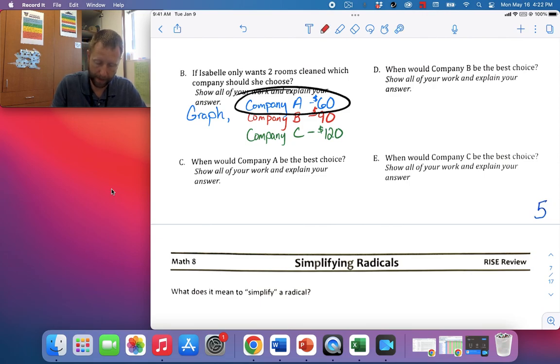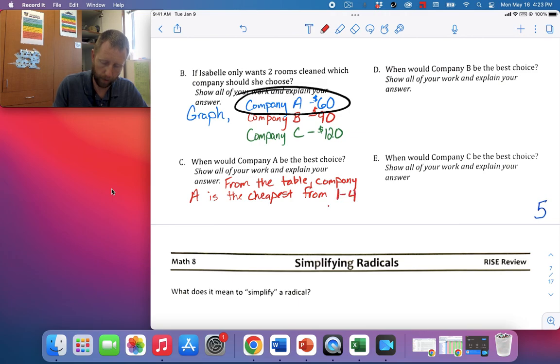And I'm going to say that in my answer. So from the table, company A is the cheapest from 1 to 4 rooms. Okay.